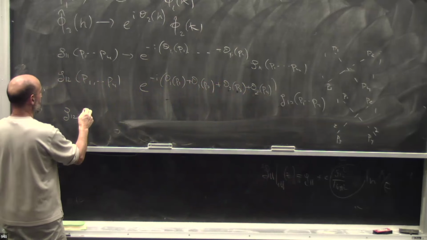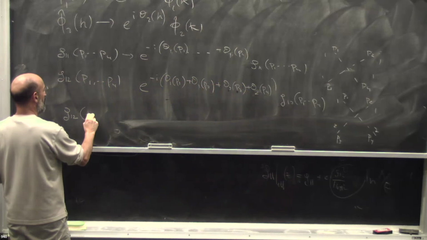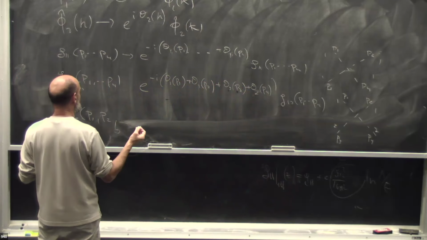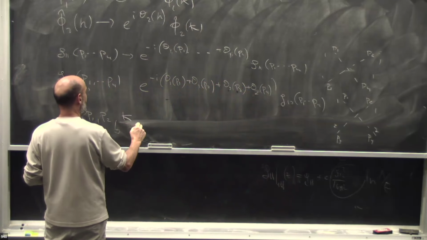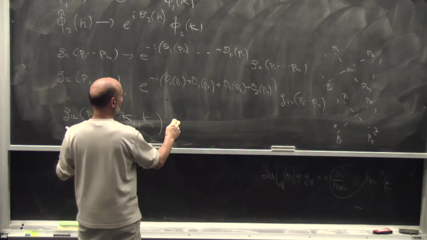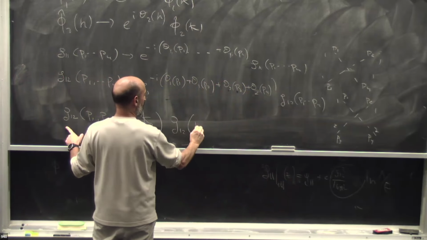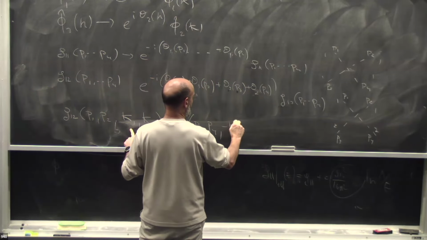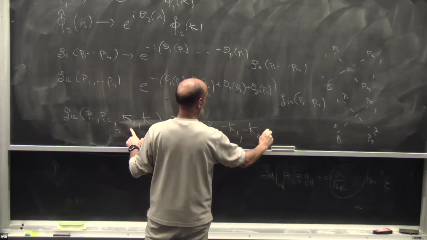So you can take, for instance, G12 of P1, P2, and then you just say K1, K2, these are different Ks, and then you take G12 of P3, P4 of minus K1, minus K2, okay?